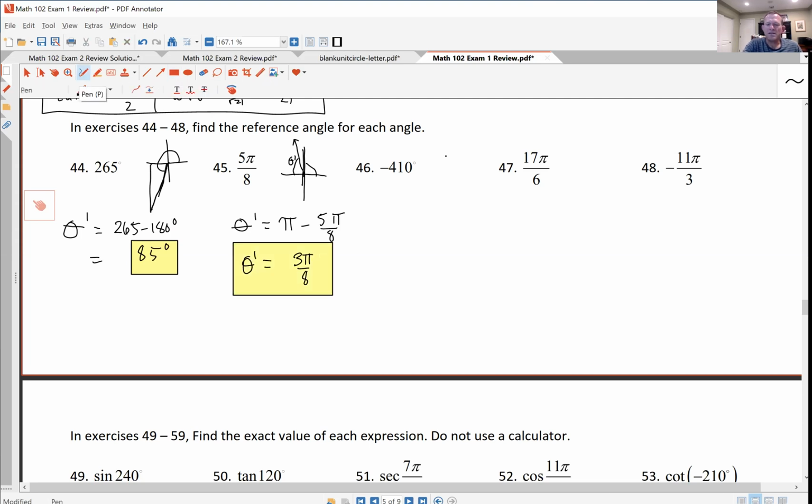Negative 410 degrees. So this time we're going back around 360, and it's about 50 degrees past that. The reference angle is this angle sitting right there.